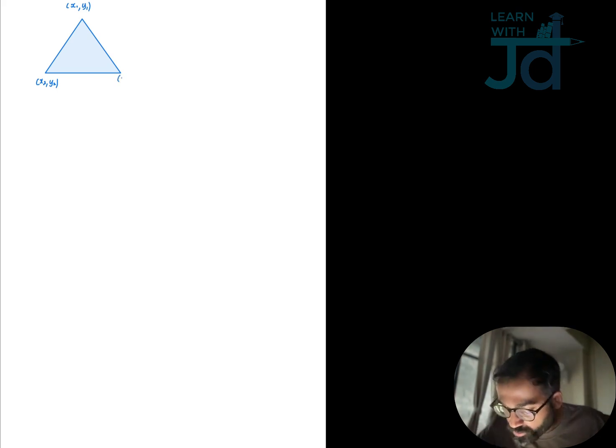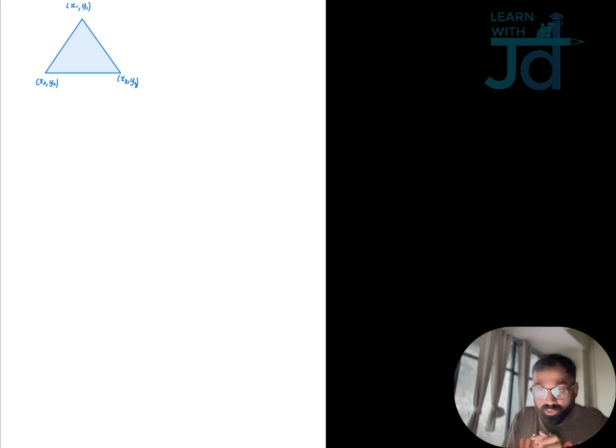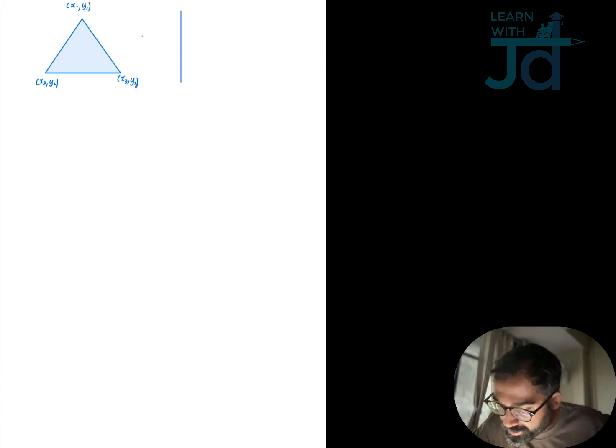you should know, maybe in coordinate geometry you might have learned, if there are three coordinates of a triangle, x1, y1, x2, y2, and x3, y3, and we have to find its area in the determinant form, you will say the area of the triangle is half of the determinant with 1, 1, 1 in a column.